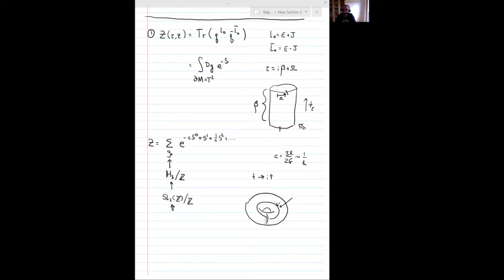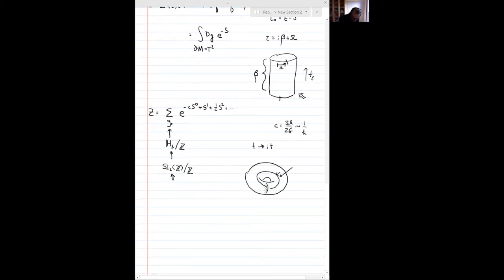And this is now a fully quantum mechanical answer. So when you do it, you get an answer for a partition function that is known as the MWK partition function. And I won't write it down for you because the expression for it is rather complicated.